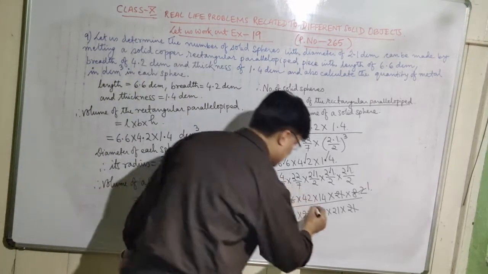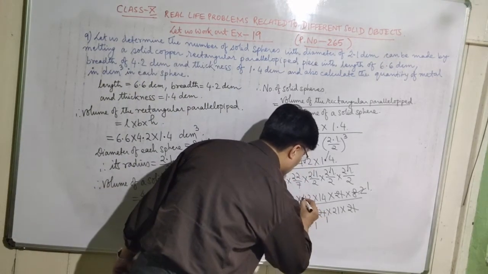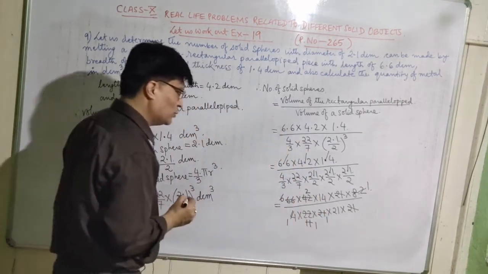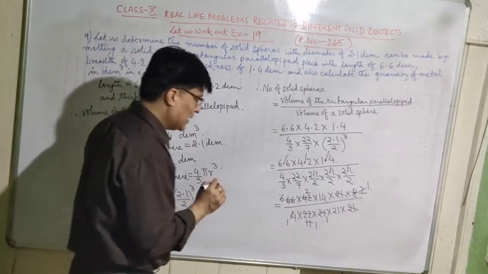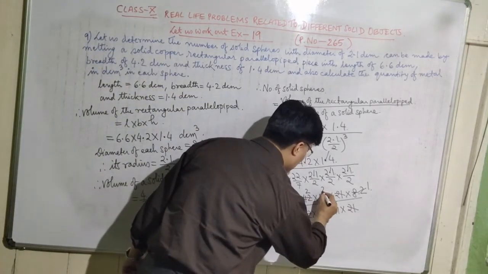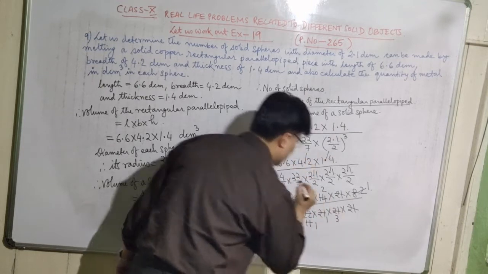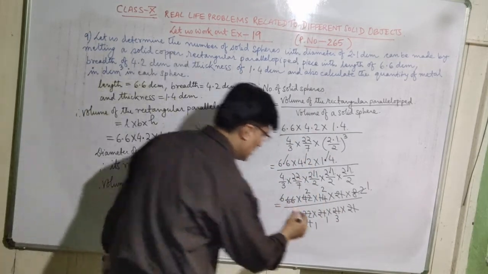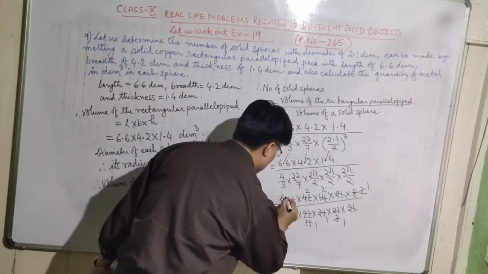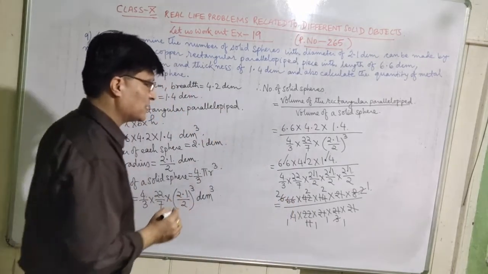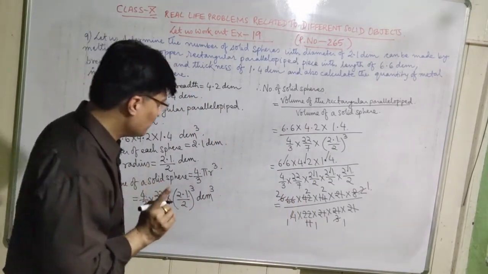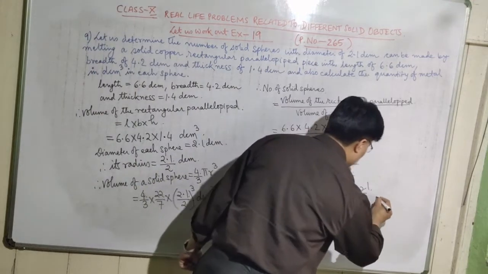Next, 21 1s are 21, 21 2s are 42. Okay? Next, 7 2s are 14, 7 3s are 21. Right? And 3 1s are 3, 3 2s are 6. Is that understood now? So what are the remaining terms out here?